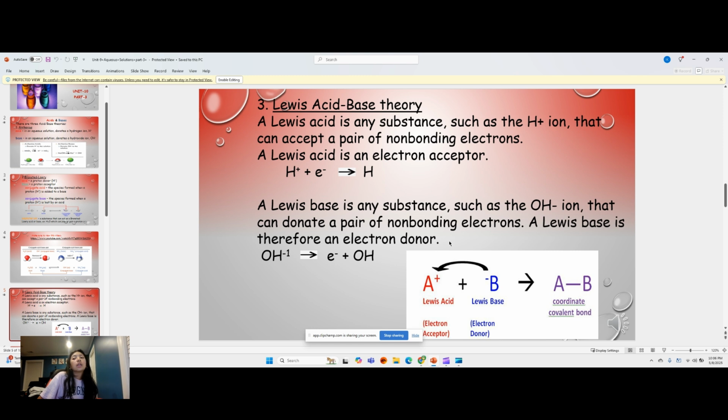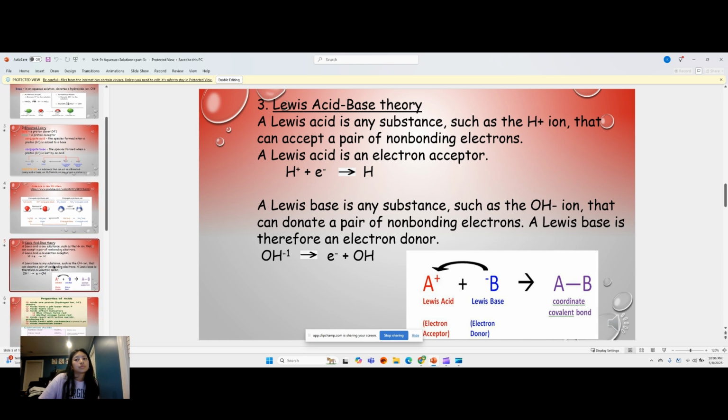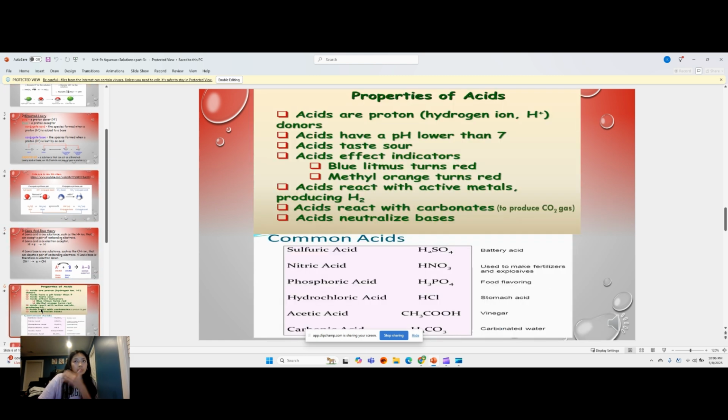So a Lewis base is an electron donor. In the previous theories, the acid was a proton donor. In this case, we're talking about electrons.